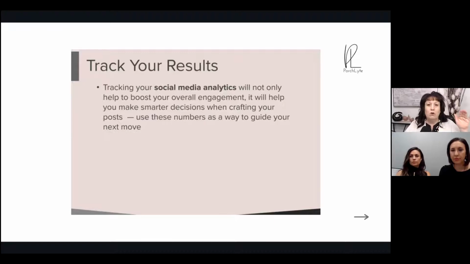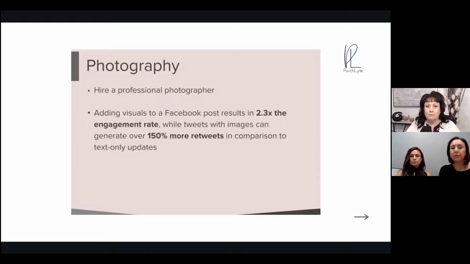Once you have a good overall view of which posts you're creating are resonating with the people that follow you, do more of that. And then drop the stuff that's not working. You're going to know fairly quick through your analytics and insights what's working and what's not working.